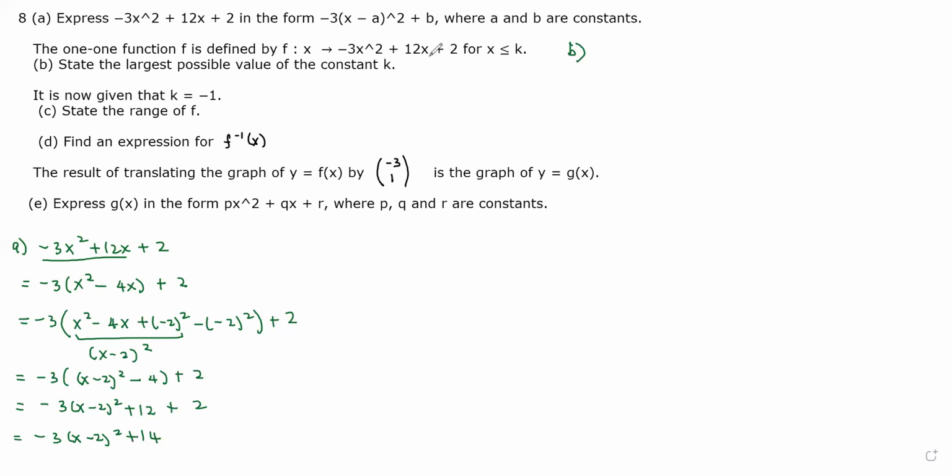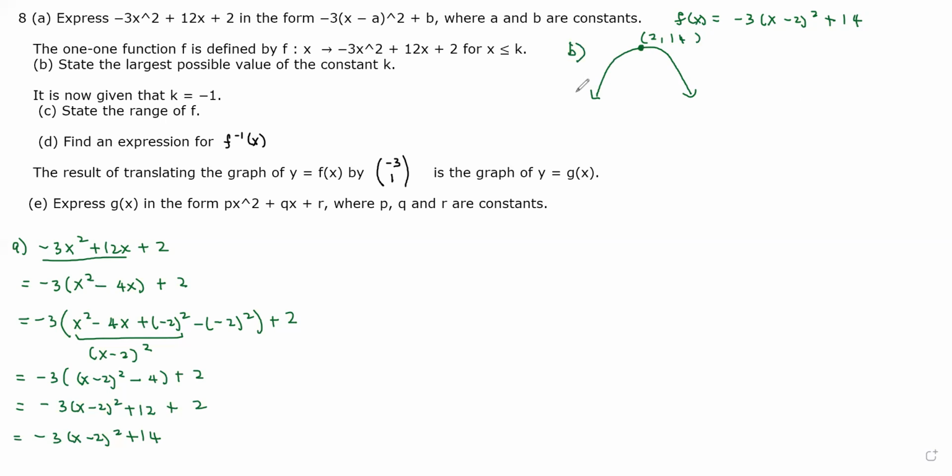The quadratic f of x is negative 3 times x minus 2 squared plus 14. That is the vertex form. It is a parabola that opens down, and the vertex is given by 2 and 14.